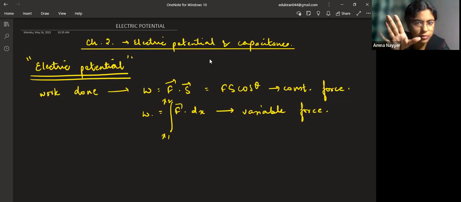This is for variable force. This is the revision from your class 11th, in work, energy and power. F and S are the magnitudes of force and displacement respectively. This was just a revision; you will be needing it later.